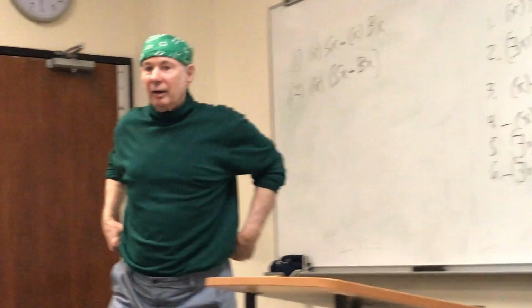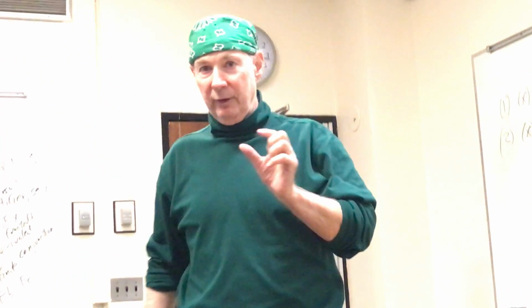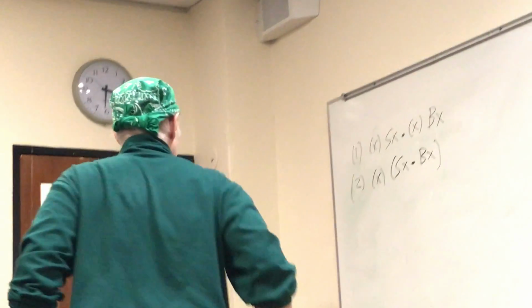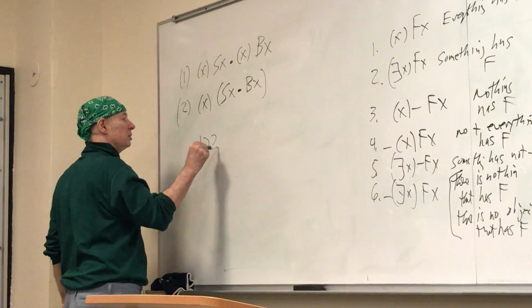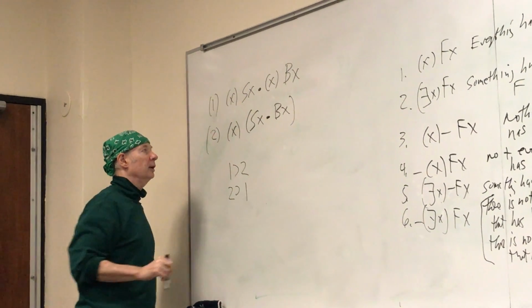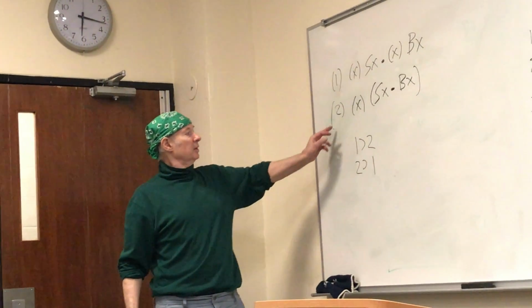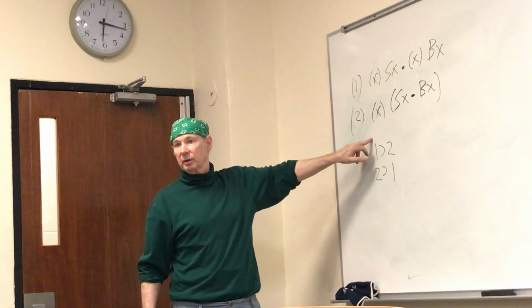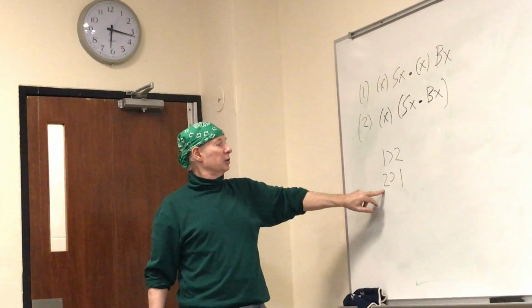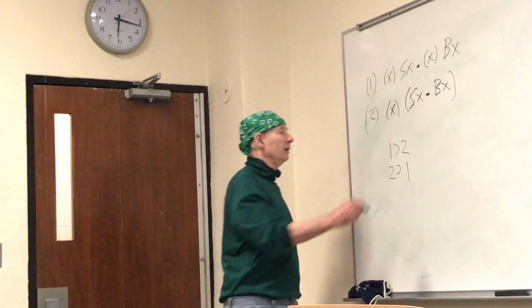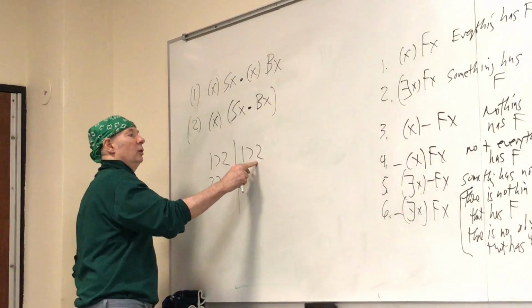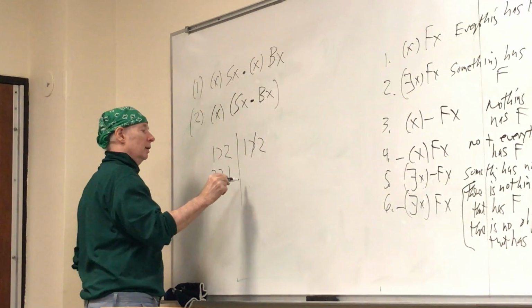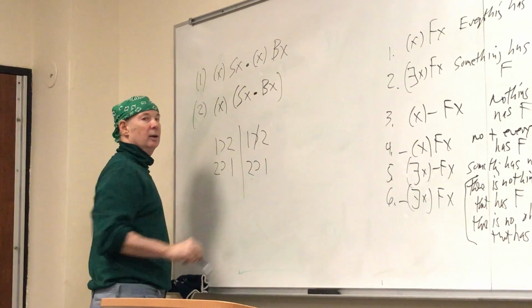And there are inference relations between sentence 1 and sentence 2. One possibility is 1 implies 2 and 2 implies 1. So one possibility is that when 1 is true, 2 is true, and when 2 is true, 1 is true. Another possibility is that 2 does not follow from 1, but 1 follows from 2.